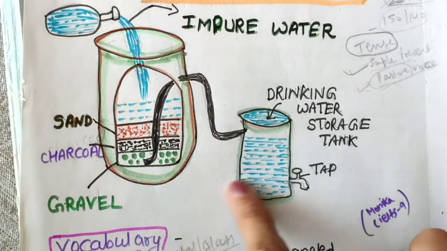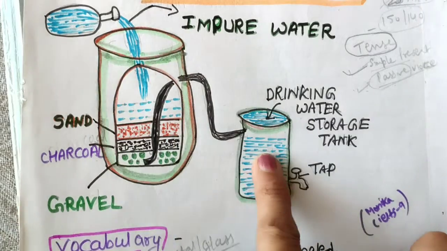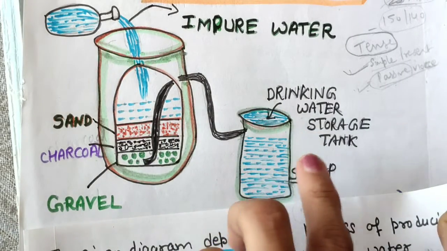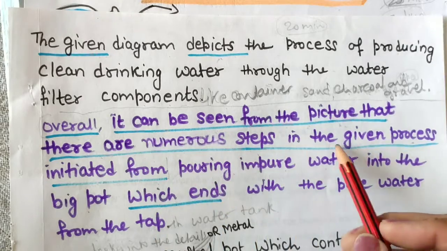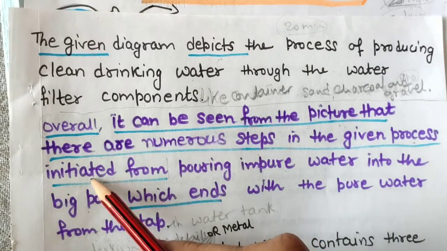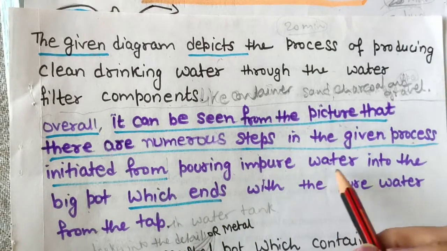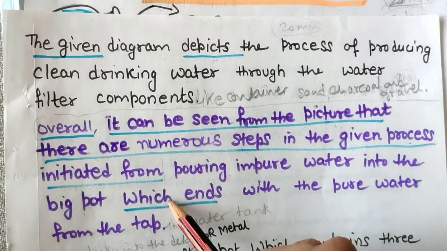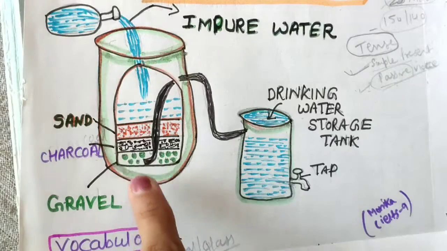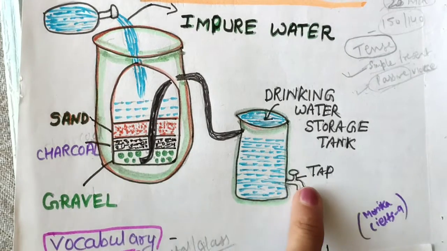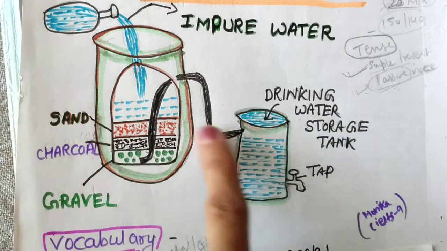Instead of writing every step, you can name all the steps, five steps or six steps. But I have written there are numerous steps in the given process. Initiated means started from pouring impure water into the big pot, which ends with the pure water from the tap. From where it started and from where it ended, that is what I have written.